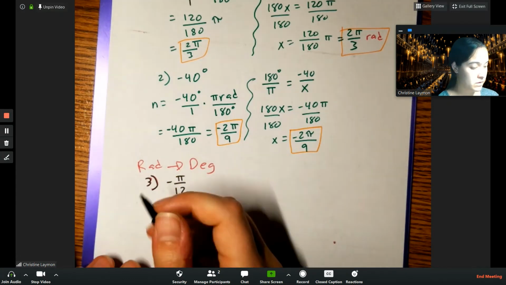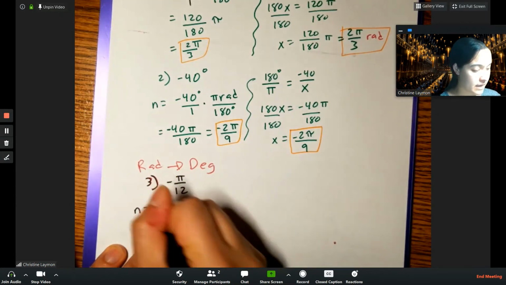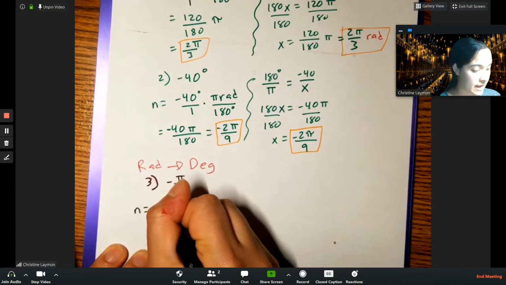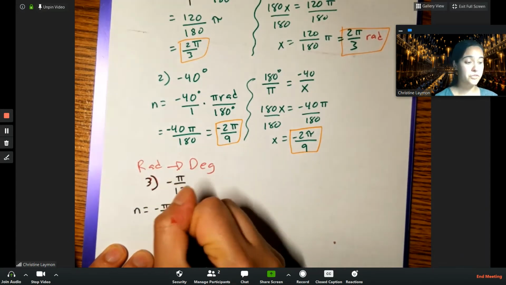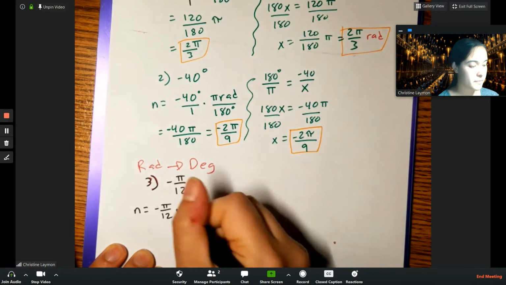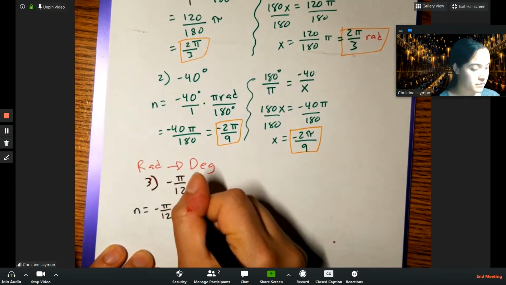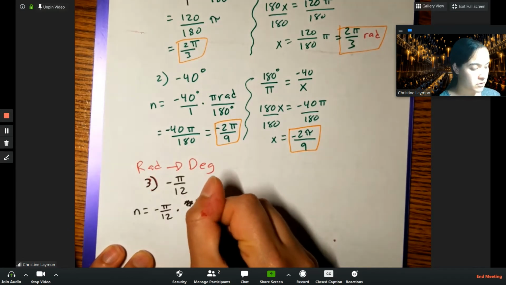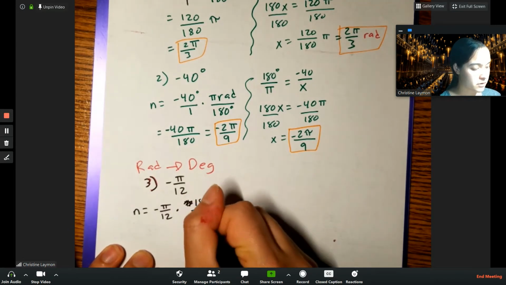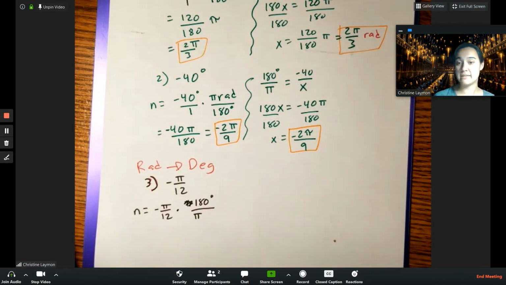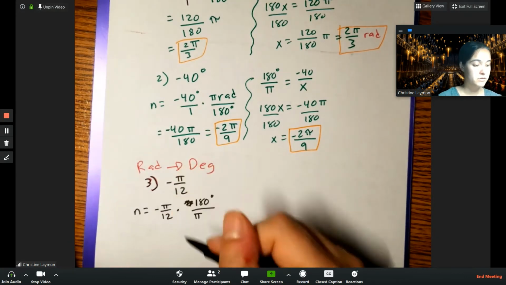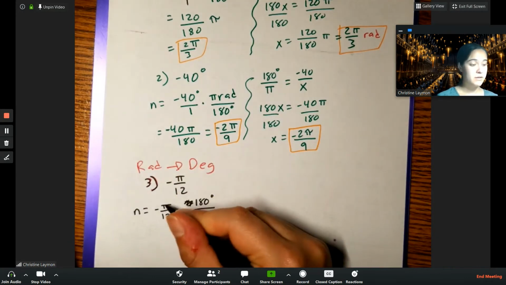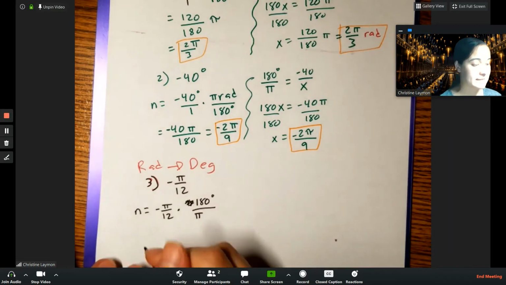So I'm going to say n equals negative pi over 12, and again this whole thing is in radians, times 180 degrees over pi radians. So again, radians are in the top here, radians in the bottom there. These pi radians will cancel out.